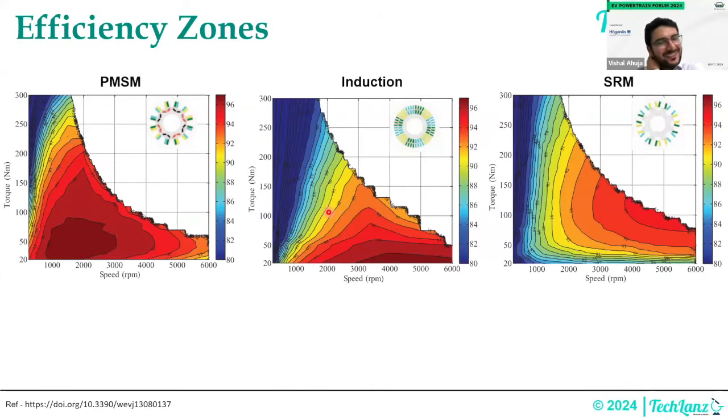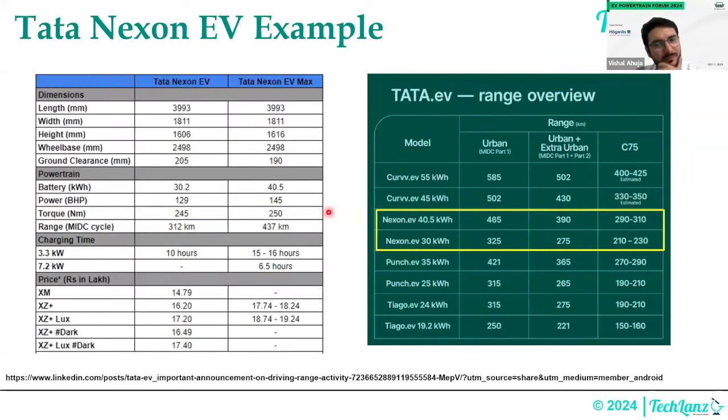Okay, let's go into detail and understand with some classical examples of real-world EVs. This is data which people have directly published. They had this MIDC part one range. I was myself responsible for all the range work for that Mahindra also.